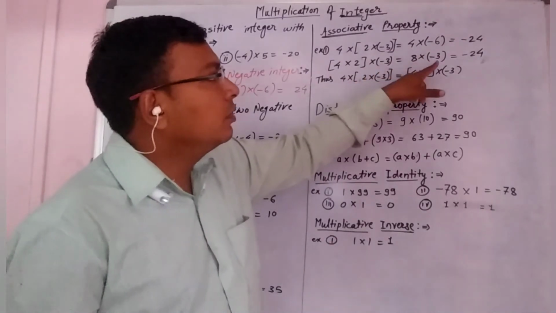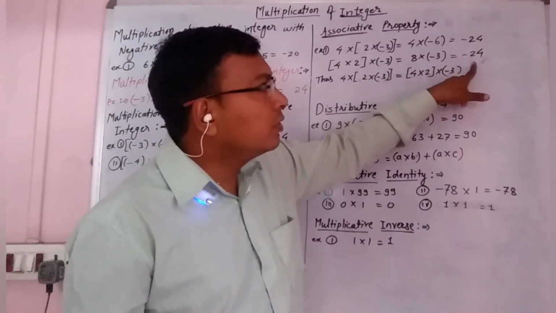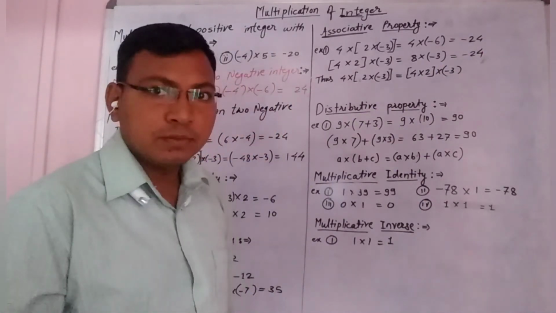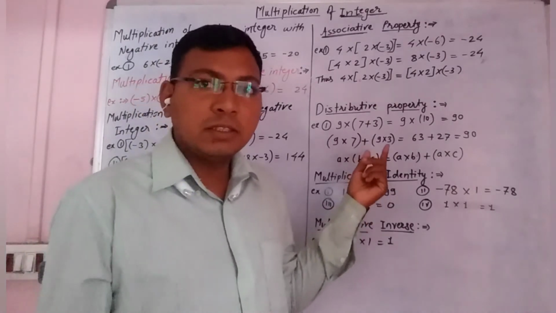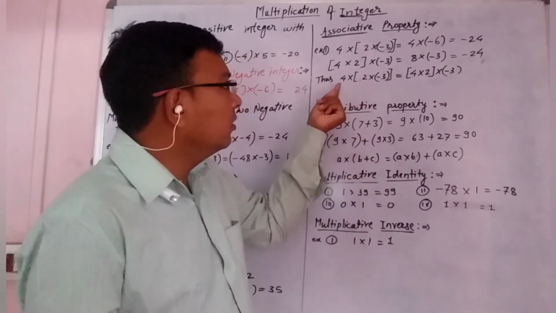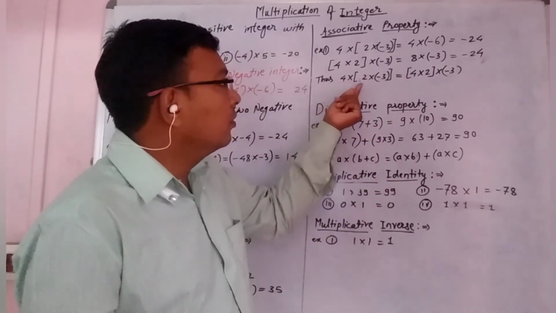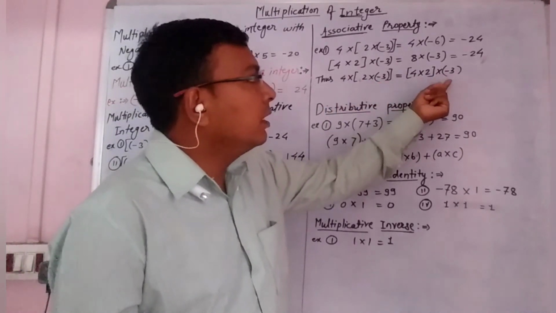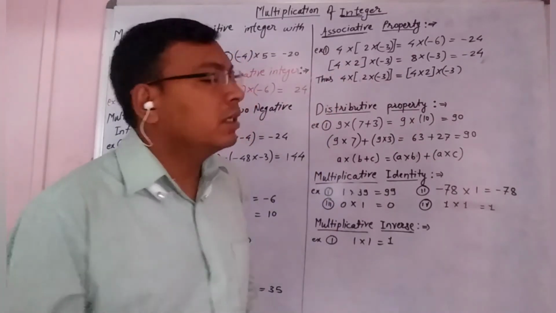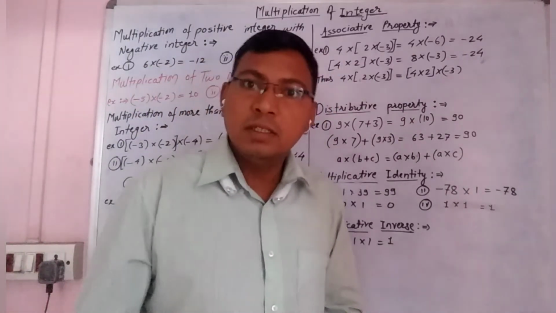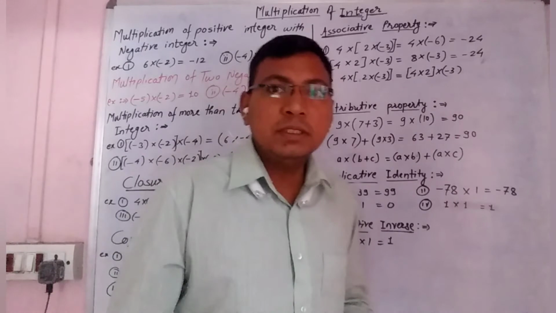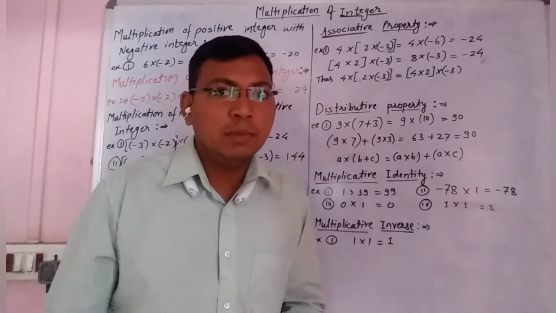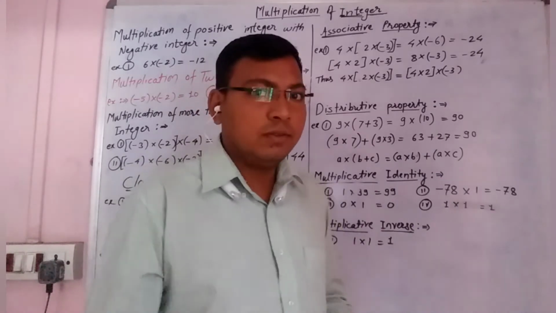So 8 into minus 3 is minus 24. In both conditions the answer is the same. So integers are associative under multiplication.